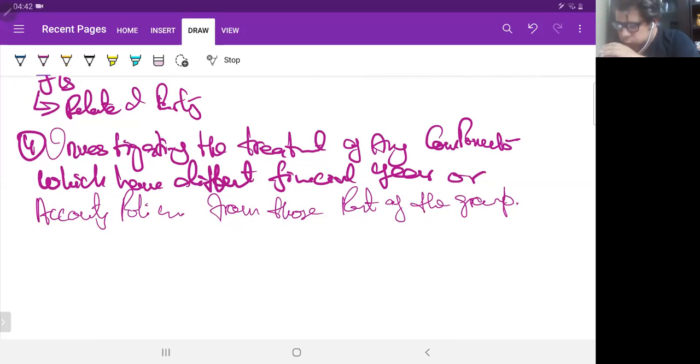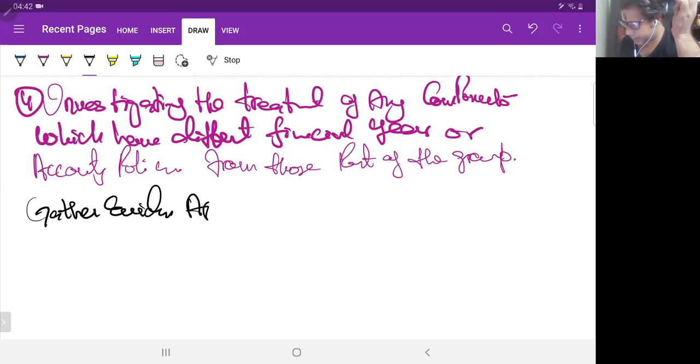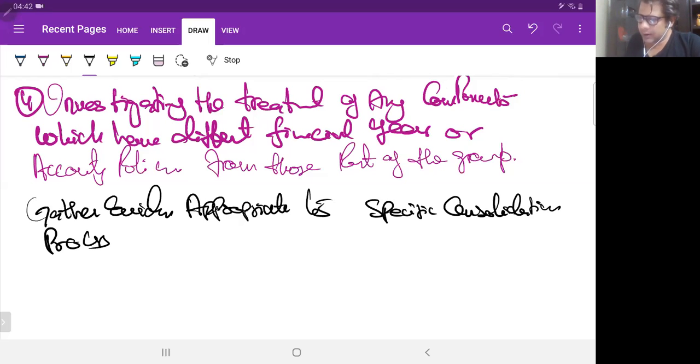So then gather evidence, obviously, appropriate to the specific consolidation process or consolidation adjustments, right?